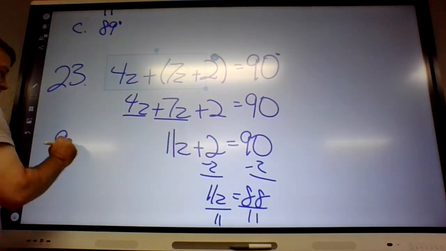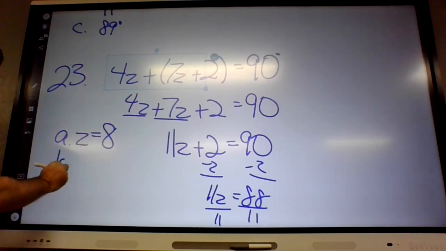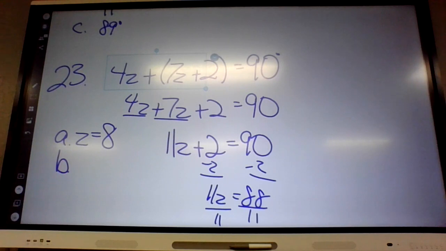That's the answer to A. Z by itself is not really an angle, it's just a number, so I'm not putting 8 degrees there. I wouldn't count it wrong if you did.